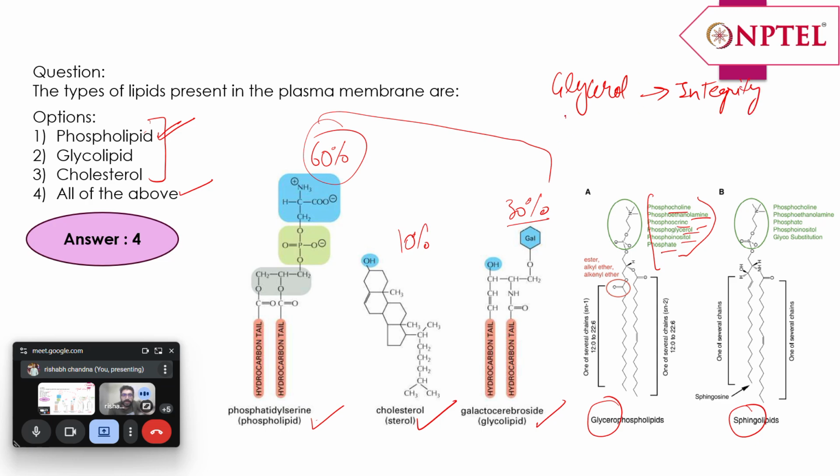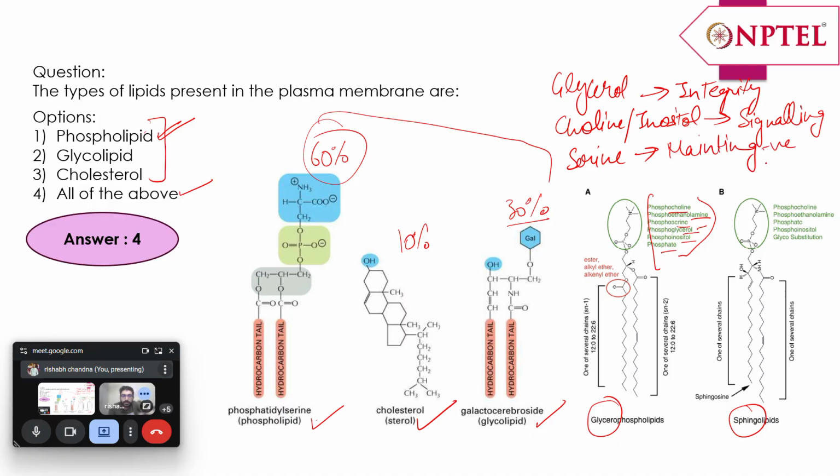If we have choline or inositol, those help in signaling. If we have serine, that is basically maintaining the negative charge on the membrane. Okay, serine as well as ethanolamine, both. So this is how different kinds of lipids have different functions in a cell membrane.